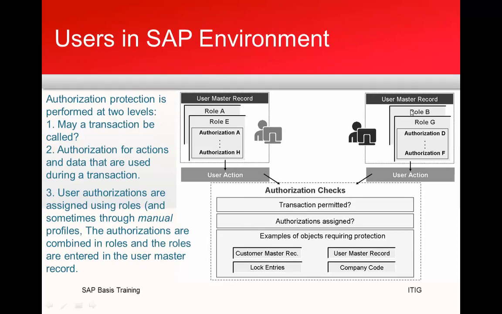Then this user's master record has these authorizations and these roles. So basically the authorization checks whether the transaction is permitted, whether authorizations are assigned. There are some examples given showing the user master record, lock entries, etc.